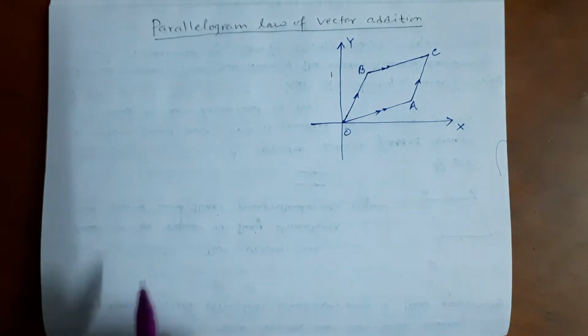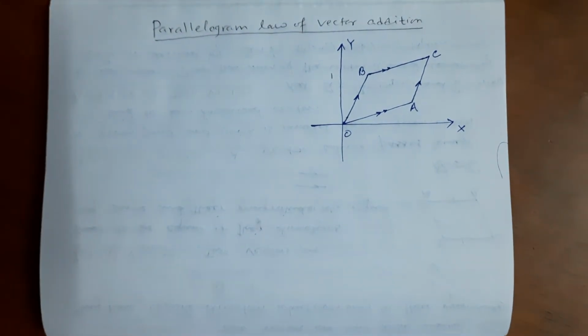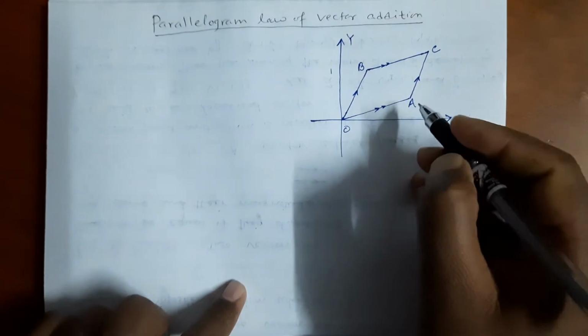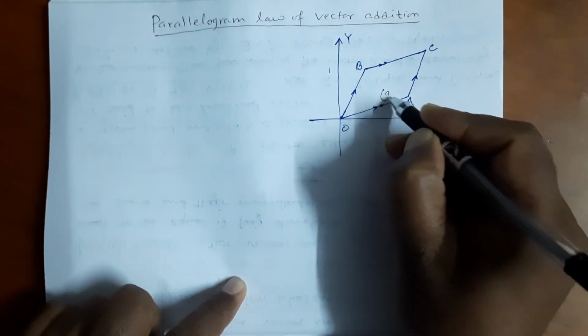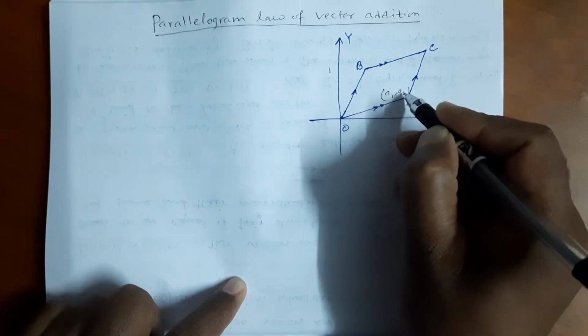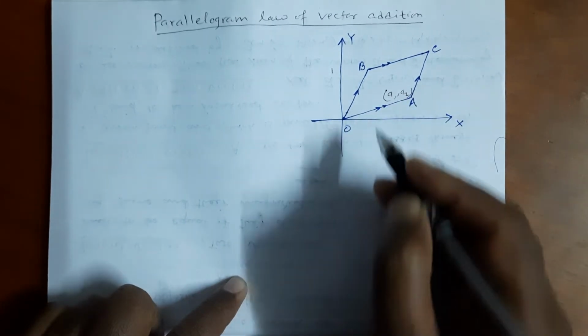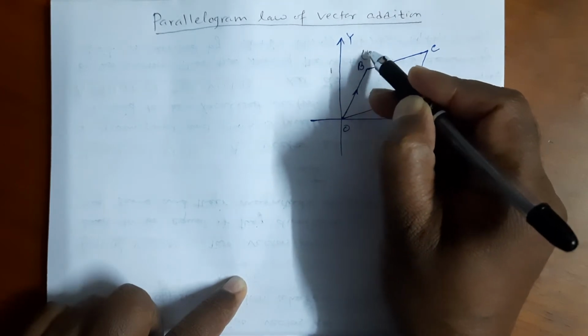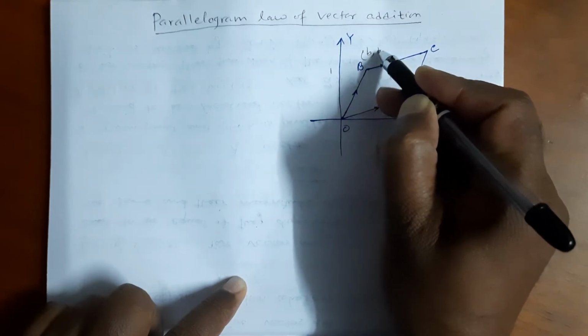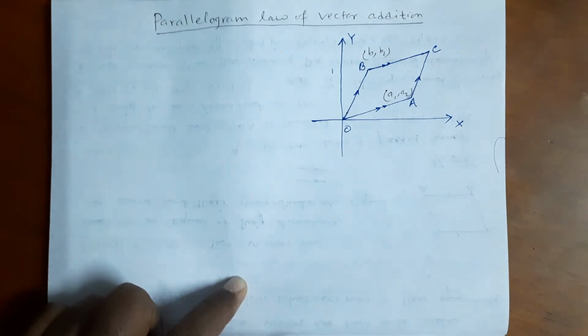Here the OA vector is (A1, A2), and the OB vector is (B1, B2).